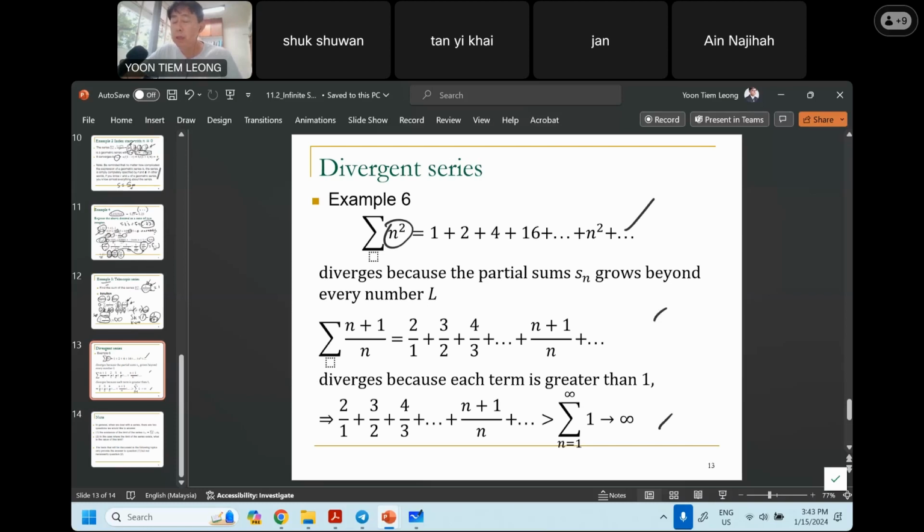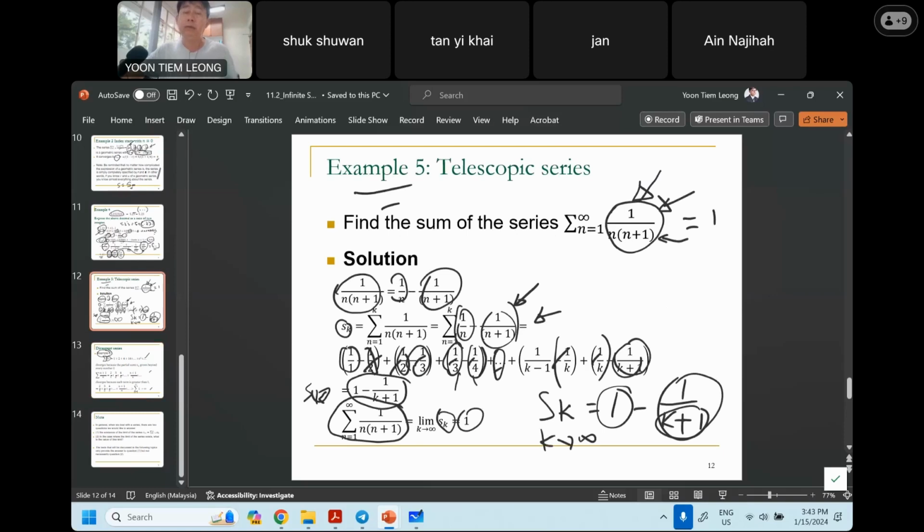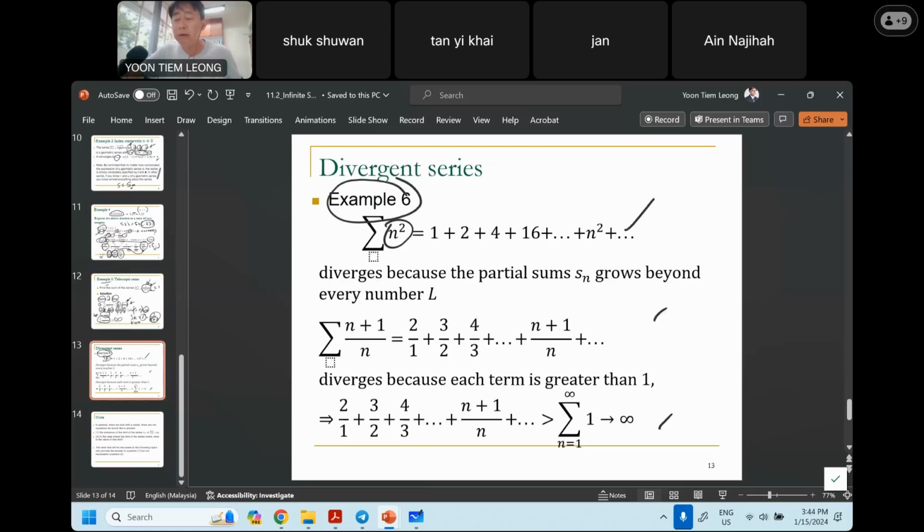It's enough to explain that in example 6, we are looking at a series that is divergent. So not all series would converge, and not all series would diverge. You have to really prove using some valid mathematical argument whether an infinite series converges or not.